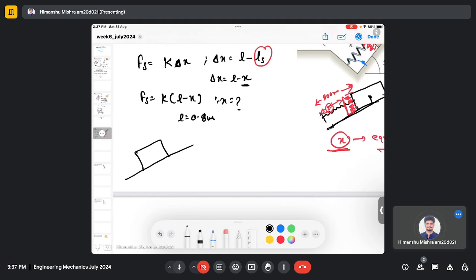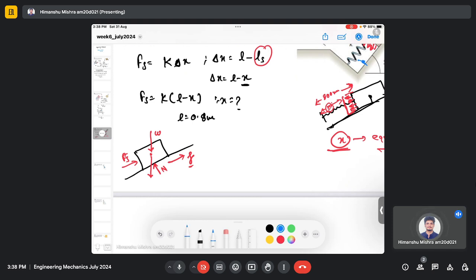This is the spring force acting here, this is the weight of the crate, here is the normal reaction, and here is the friction force, because the crate has a tendency to move from right to left, and therefore the friction force should be in the opposite direction, from left to right.